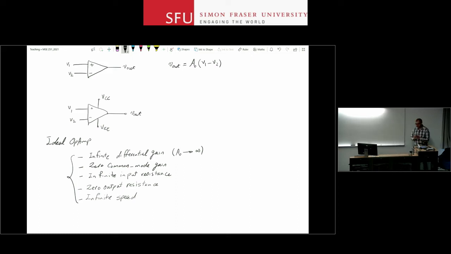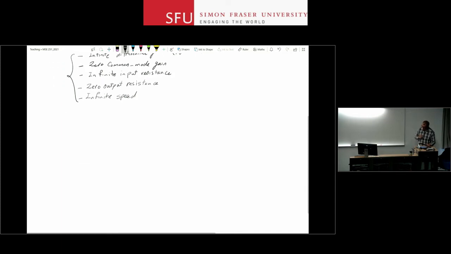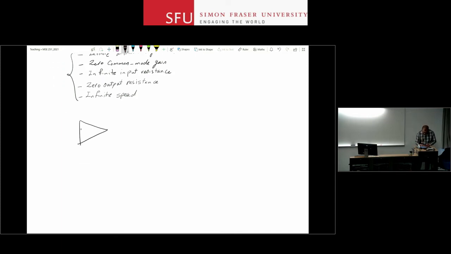And now let's see what happens if you want to use an ideal op-amp in a circuit. Okay, so let's see what will happen. So assume that this is an ideal op-amp. I have some sort of a configuration around this op-amp. I have my power supply, let's say VEE and VCC, or VDD and VSS.